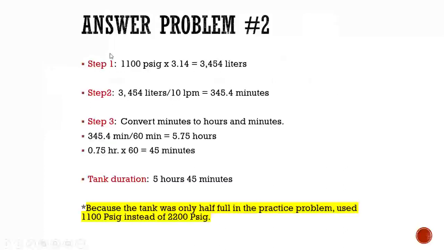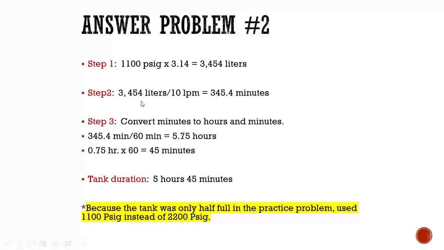So step 1, 1100 PSI. The reason we're using 1100 is we know that a full H tank is always 2200 PSI, so half of that is 1100. That's going to be our starting pressure. 1100 PSI times the 3.14, which is just the conversion factor for an H tank, gives us 3,454 liters.